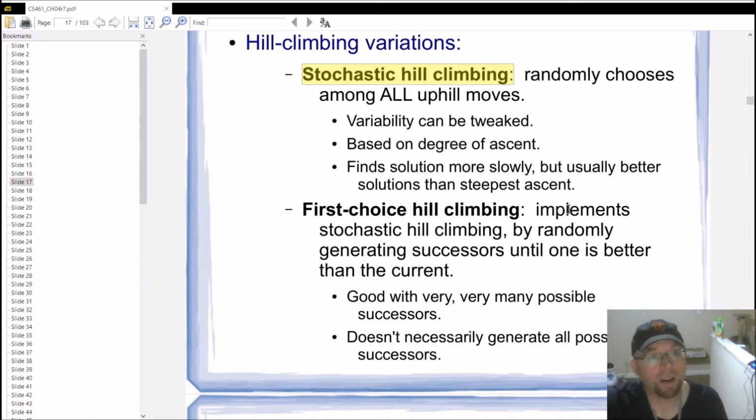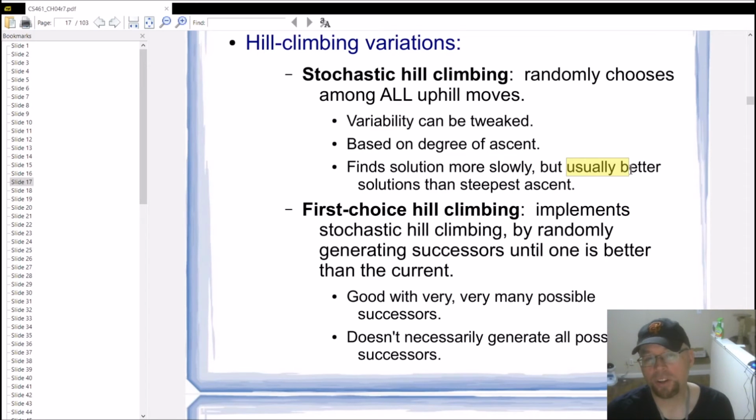Okay. Now, the solutions, again, you're going to find them. It slows things down. As you add this complexity, the search does slow down. But it does lead, usually, to solutions that are better than steepest ascent, because you don't crap out on a shoulder. Okay. And, well, I say that.